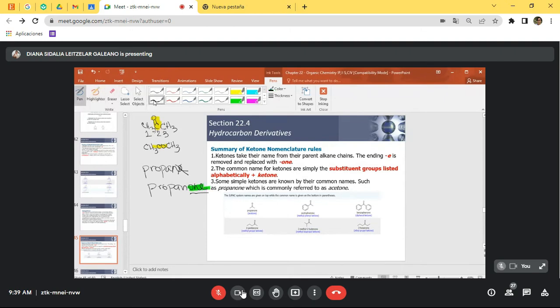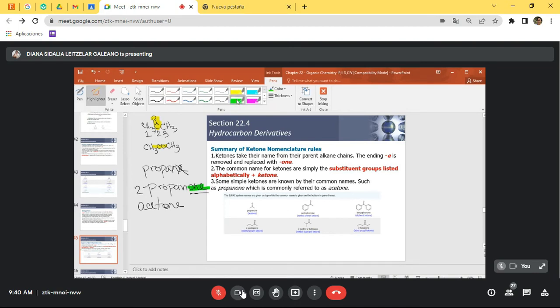And it also will have a number to indicate where the carbonyl group is, in this case, in carbon 2. This is the common name of this compound.